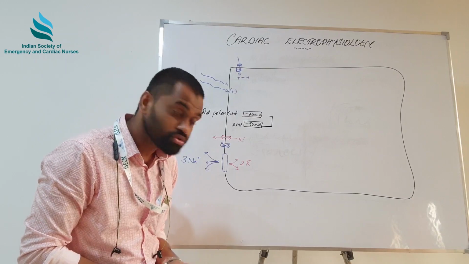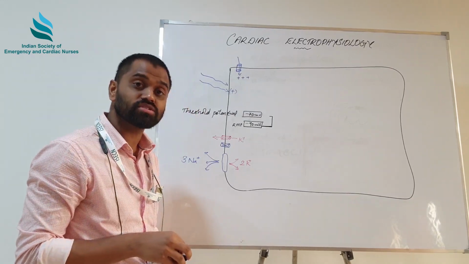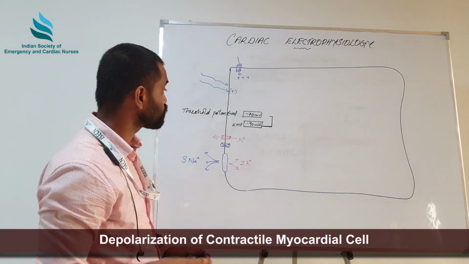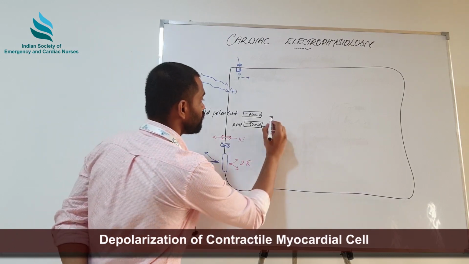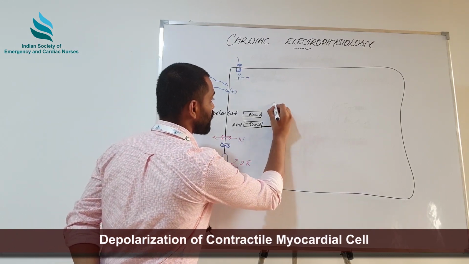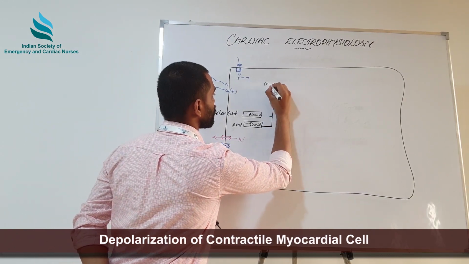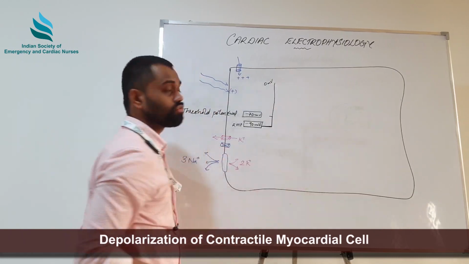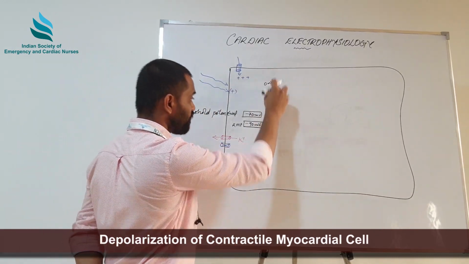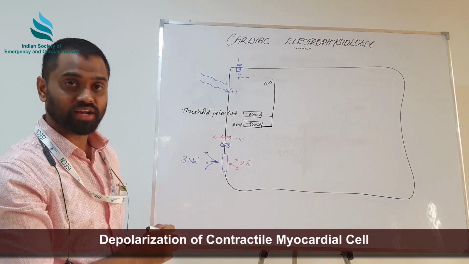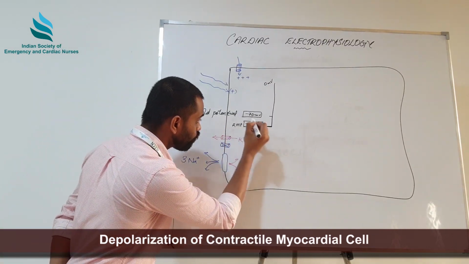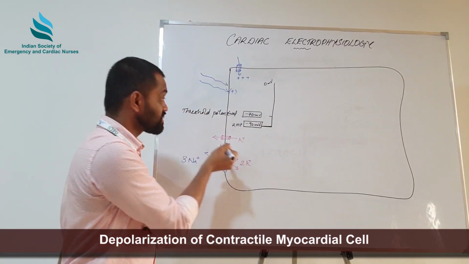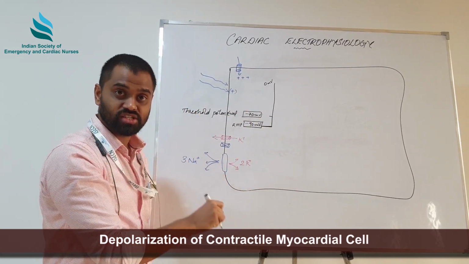Now what happens to the voltage? As the cations flood into the intracellular space, the voltage goes further up and reaches somewhere around 0 millivolt. So this is phase 0 of depolarization. The cell was polarized, negatively charged in its resting phase.